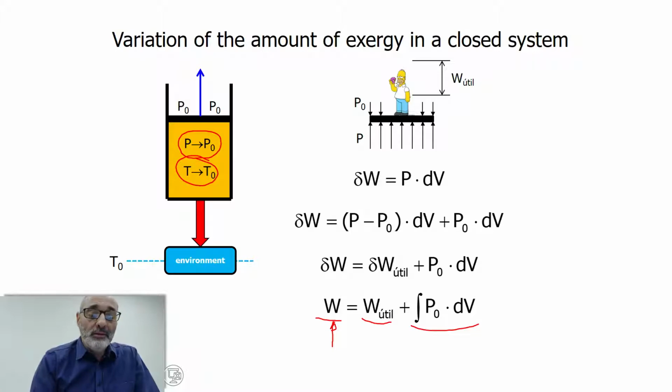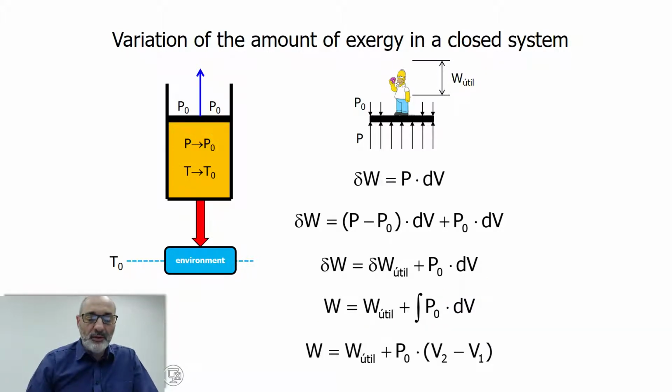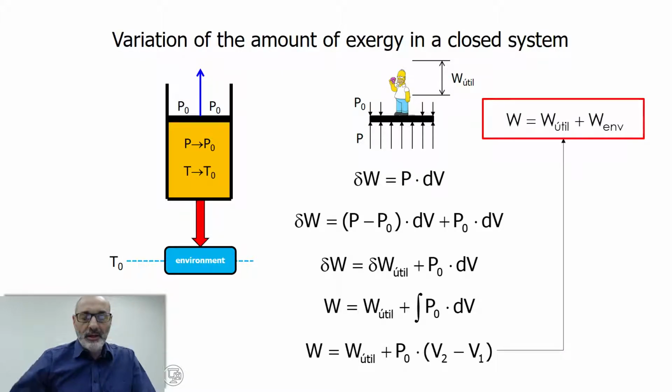In this integral, P0 is constant because it's the pressure of the environment. So if we integrate here, we obtain simply P0 times (V2 minus V1) because it's constant. Let me give a name to this. The first component is useful work, and the other component here is work absorbed by the environment.